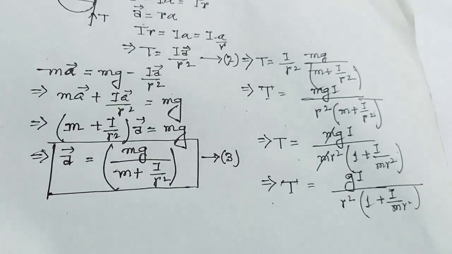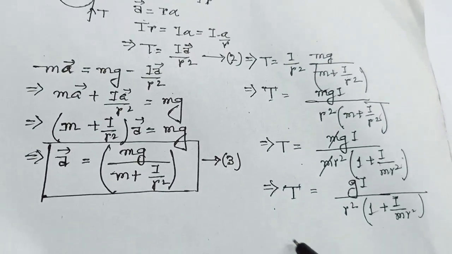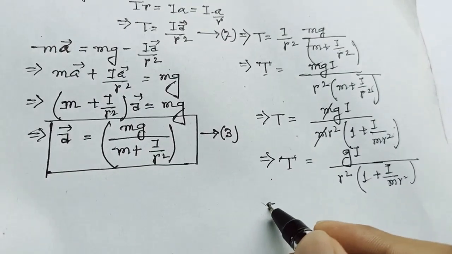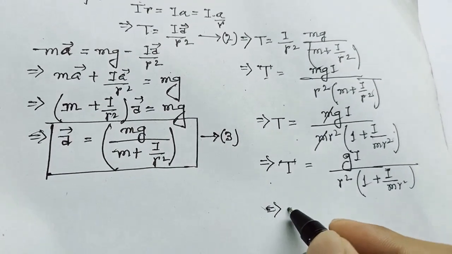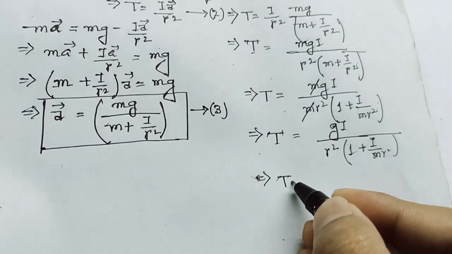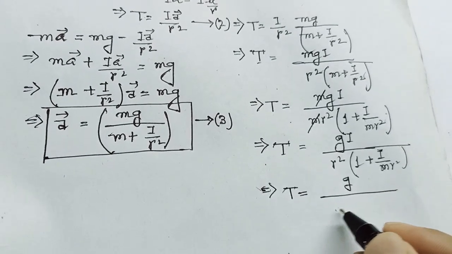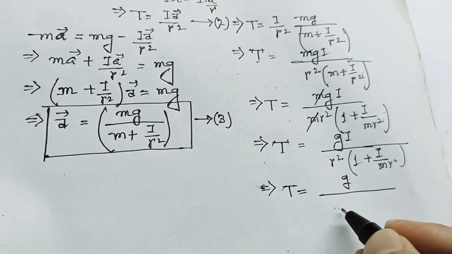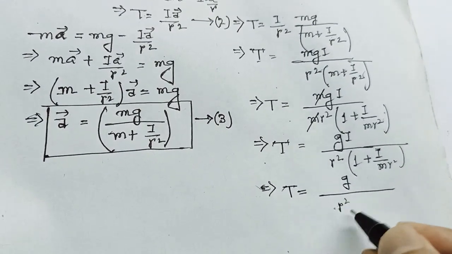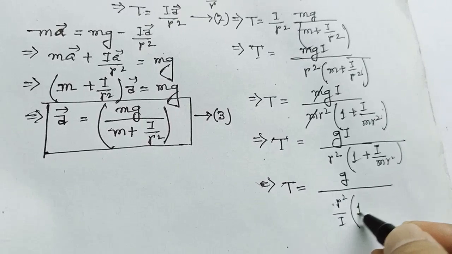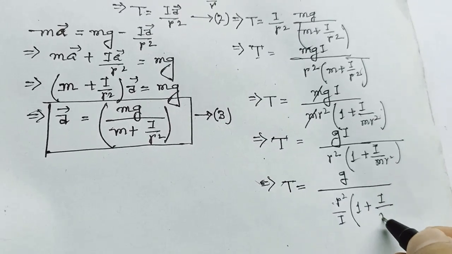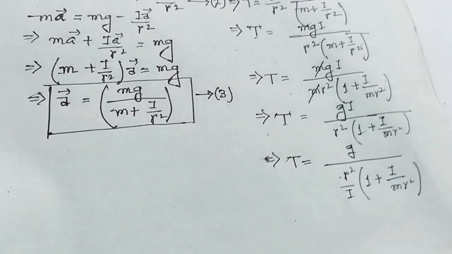Or we can again take the I term in the denominator, then T will be equal to g divided by r square divided by I into 1 plus I divided by m r square.